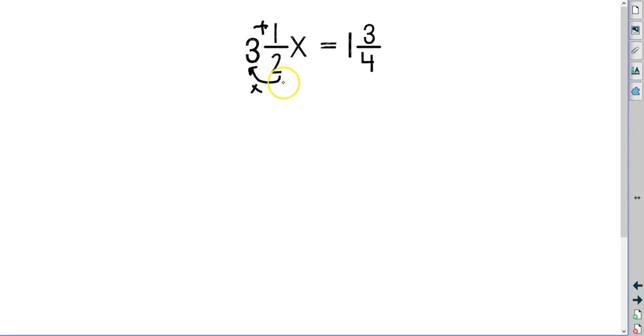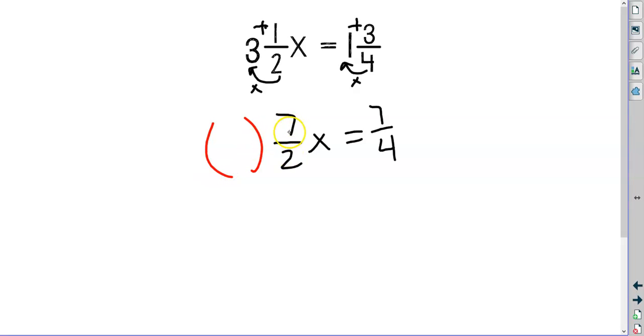So 3 times 2 is 6, 6 plus 1 is 7. We'll do the same with the solution. 4 times 1 is 4, 4 plus 3 is 7. And now we're ready to multiply by the reciprocal. Now find the side that has the variable, and that's the fraction you're going to flip.